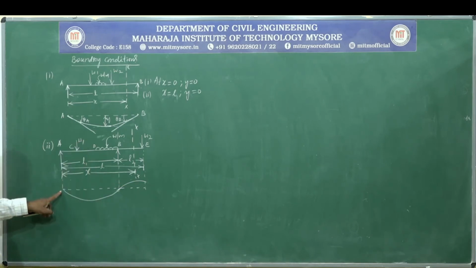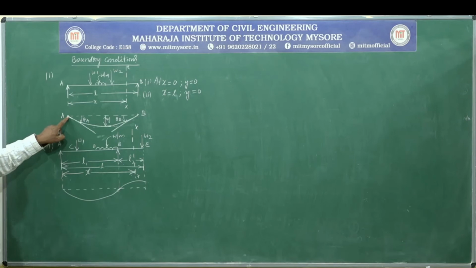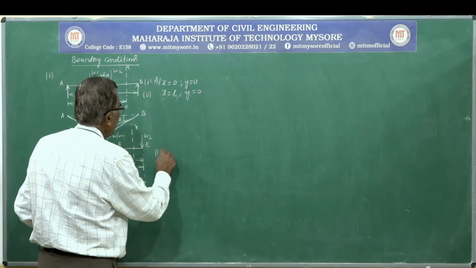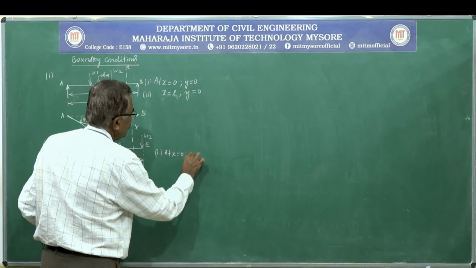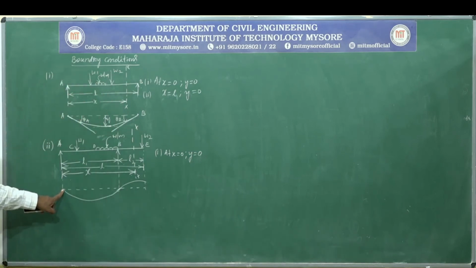You can see here again when x is equal to 0, displacement is 0. Here displacement is 0, here also displacement is 0. Then we can write one condition at x is equal to 0, then y is equal to 0, displacement means deflection.